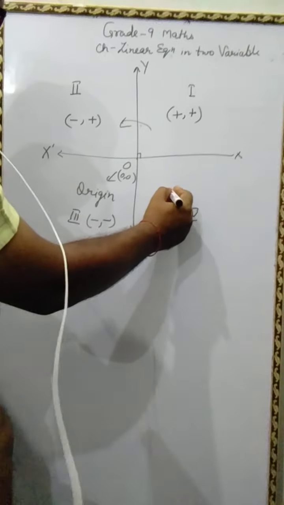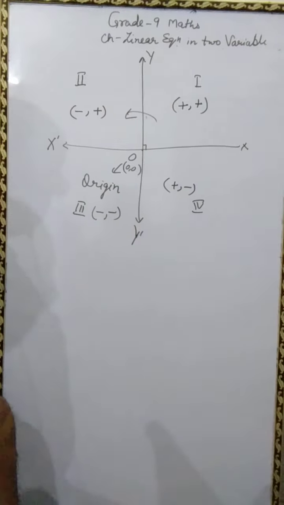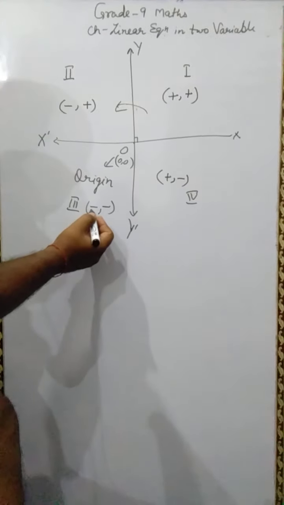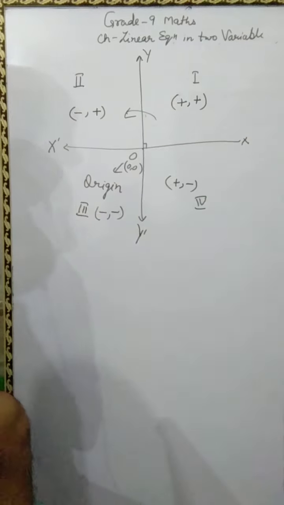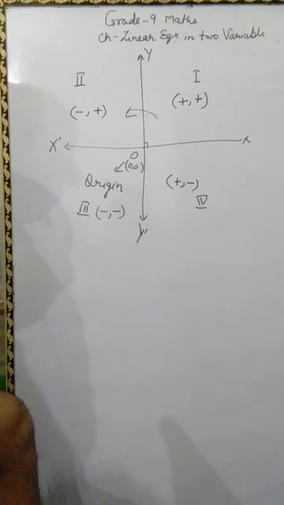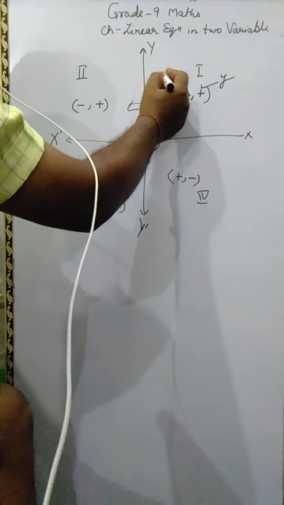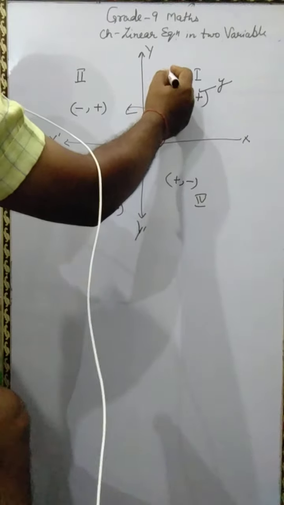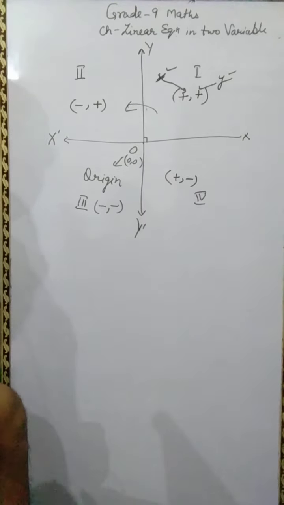Fourth quadrant, plus comma minus. At the first place is always the abscissa, and at the second place is y. X means abscissa and y means ordinate.